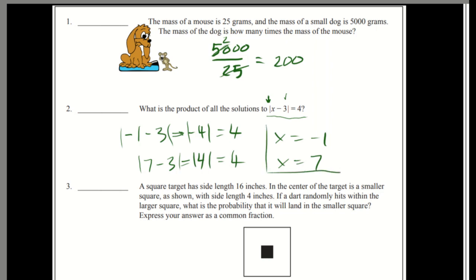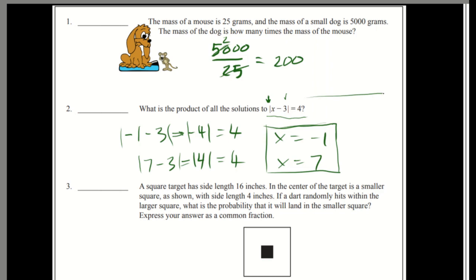Do you think those are all the solutions right there? Those two? I don't see any other solutions. Yeah, that's right. Basically, the way I think of it is, the absolute value of x minus 3 equals 4 means you're looking for some x that is 4 away from 3.